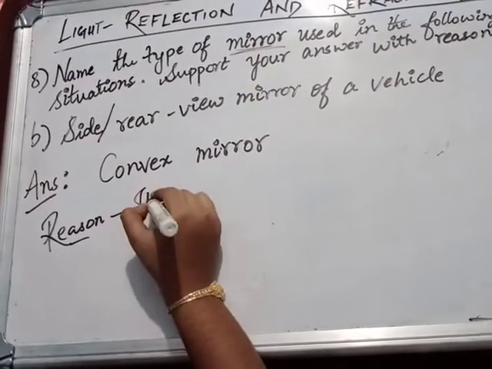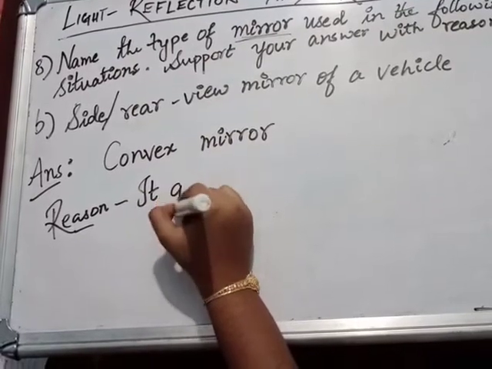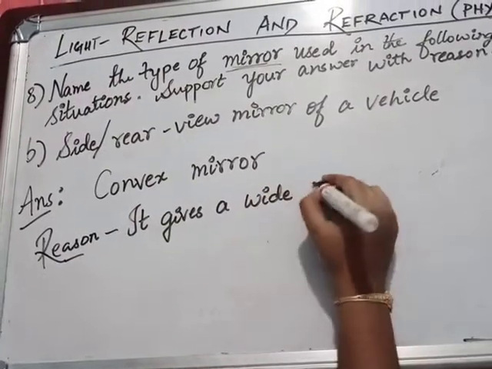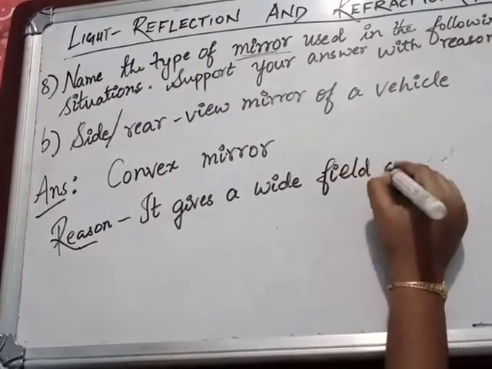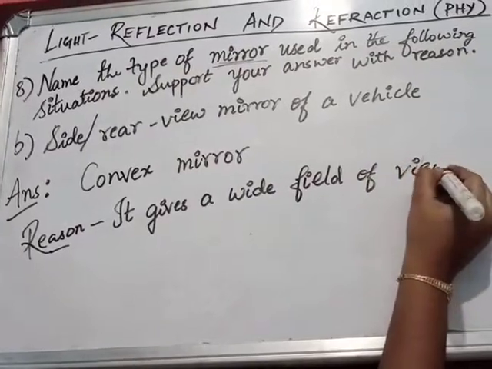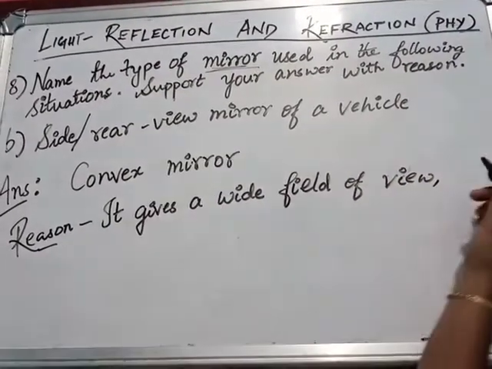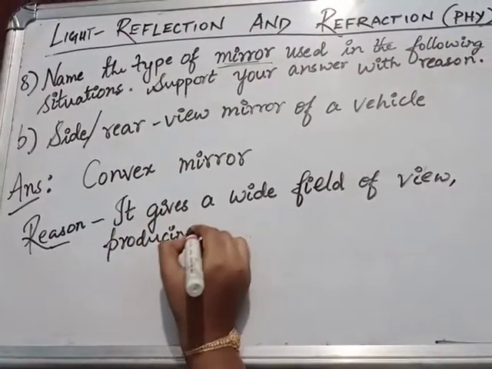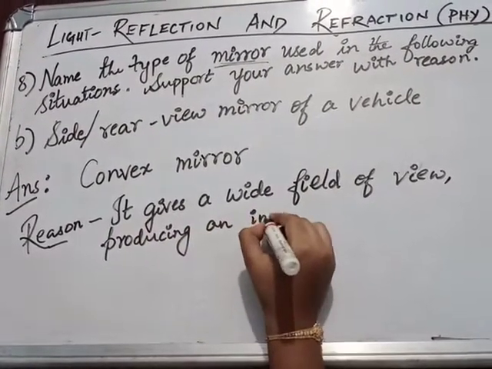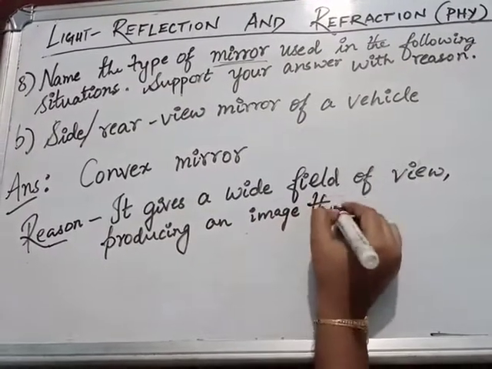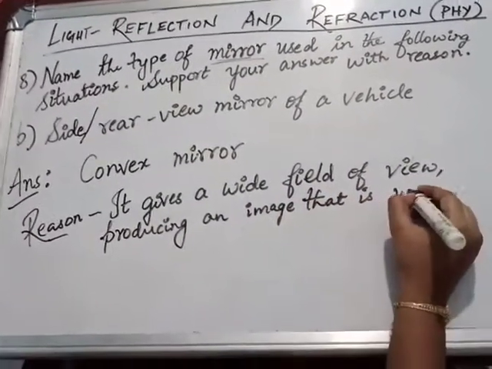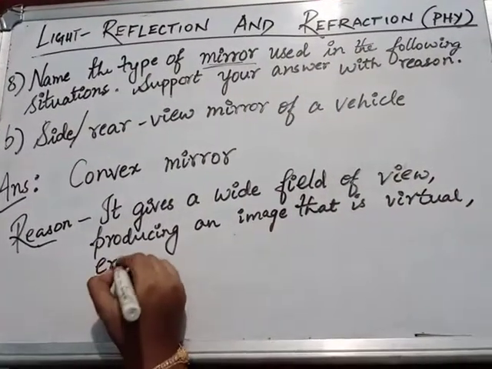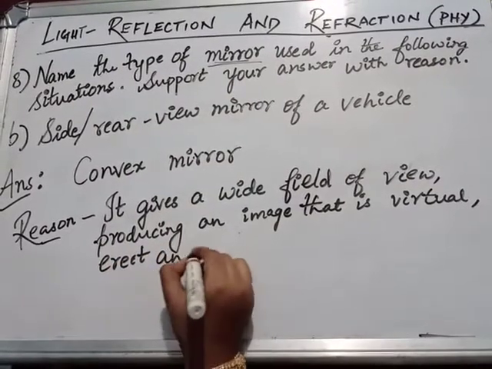The convex mirror gives a wide field of view, producing an image that is virtual, erect and diminished.